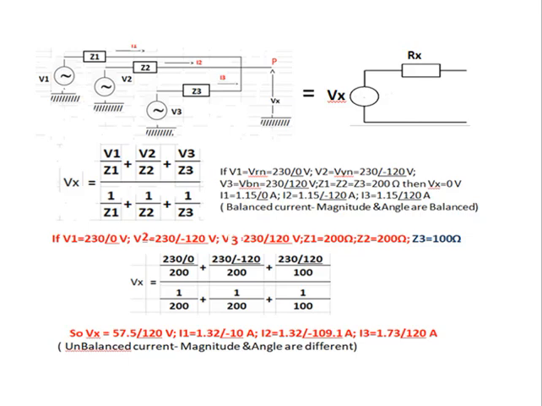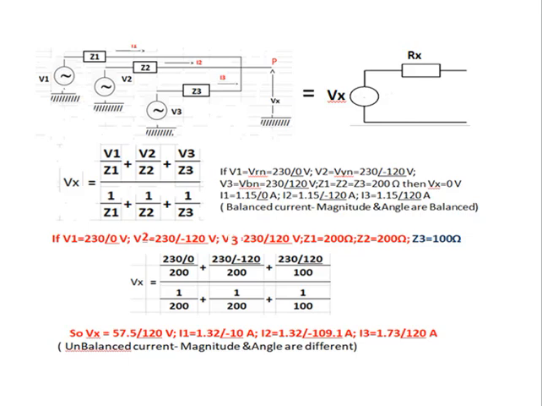Next, if V1 is equal to 230 angle 0 degree, V2 is equal to 230 angle minus 120, V3 is equal to 230 angle 120, Z1 equal to 200 ohms, Z2 is equal to 200 ohms, Z3 is equal to 100 ohms.